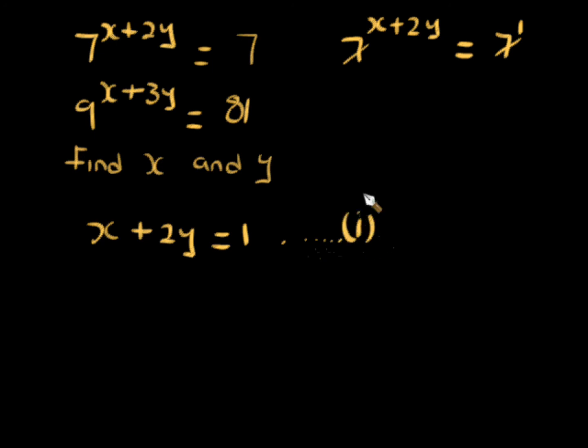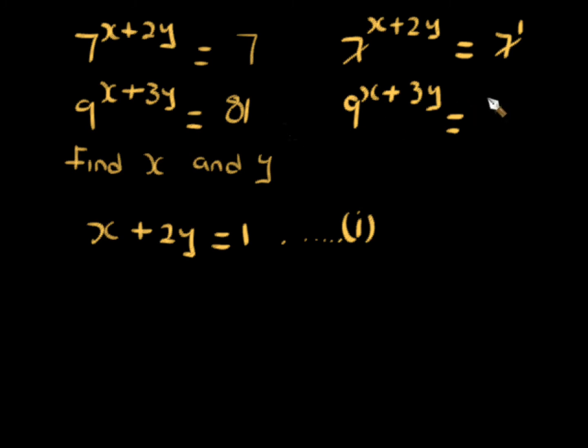Now, for the second equation, we have 9 raised to power x plus 3y equal to, notice that 81 is the square of 9. So 9 squared gives us 81.